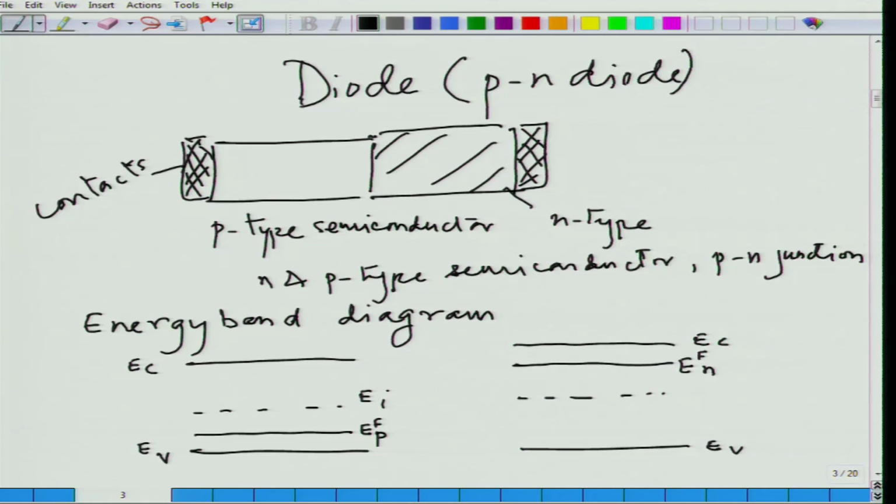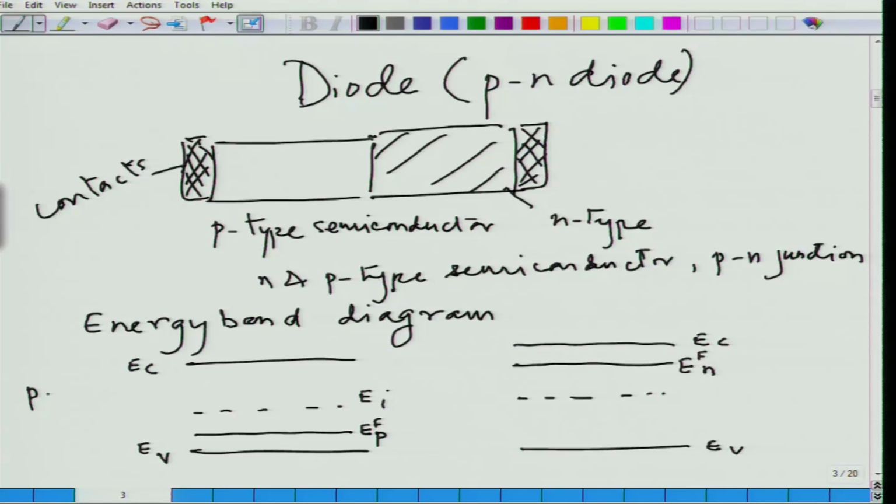First, let us look at the situation of the carriers in these two semiconductors, which we have learned earlier. Assuming in this semiconductor we have a number of holes approximately equal to the number of acceptors, to keep the mathematics a little bit simple. In this, the number of electrons is equal to the number of donors.